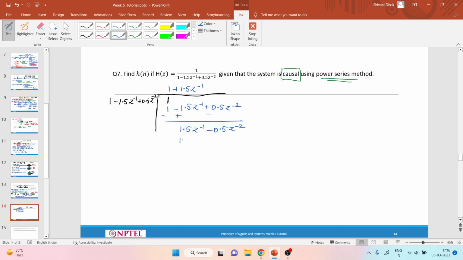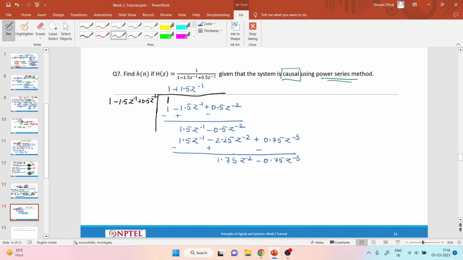So this is equal to 1.5 z inverse minus 2.25 z to the power minus 2 plus 0.75 into z to the power minus 3. This gets cancelled. This reduces to 1.75 z power minus 2 minus 0.75 z to the power minus 3.